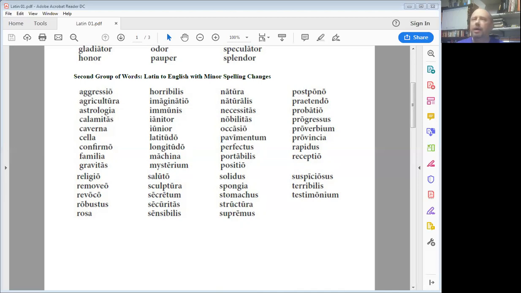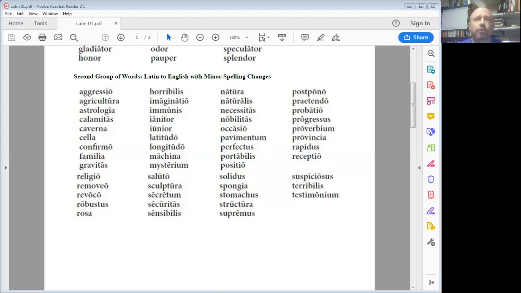Word order and whatnot in Latin is not the same as it is in English, but the functions that a word has in Latin, whether it's a subject or a verb or direct object, those are all the same. And seeing how that works in Latin helps, at least it helped me, understand how those same things work in English, especially since English is a little less structured than Latin.